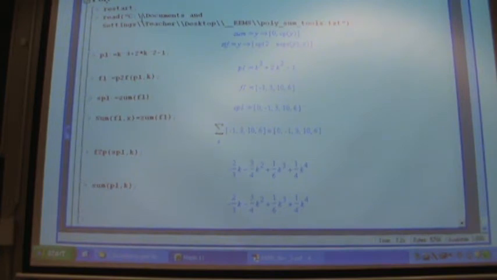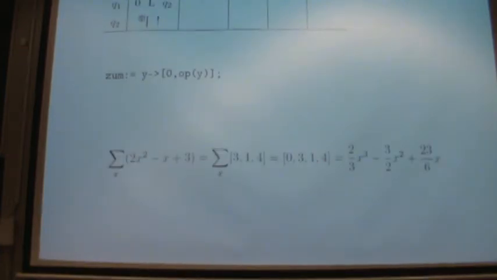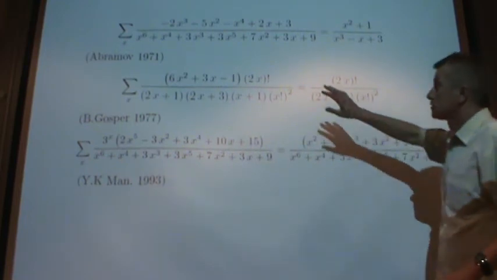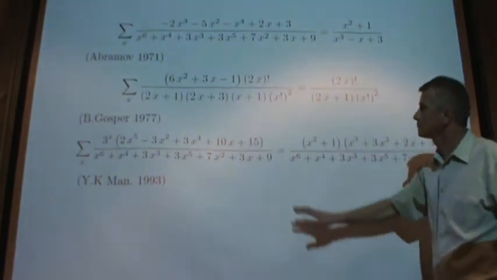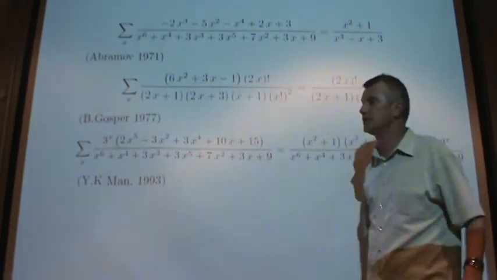So now I would like to remind you that, oh, okay, now I have to be really quick. The rational summation algorithm is 40 years old. Gosper's algorithm is a little bit younger.